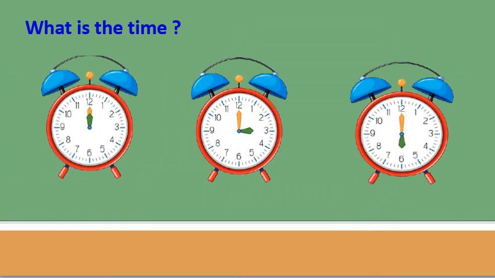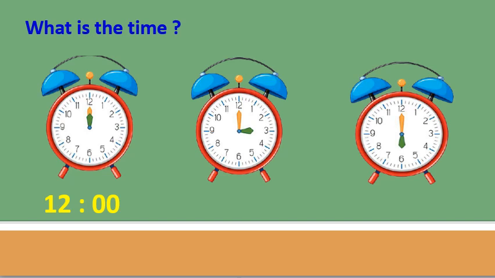What is the time? In the first clock here, the short hand points to 12 and the long hand points to 12. In digital form, what does it mean? It means 12, 0, 0. 12 for hours, 0, 0 for minutes. Second clock here, the short hand points to 3 and the long hand points to 12.